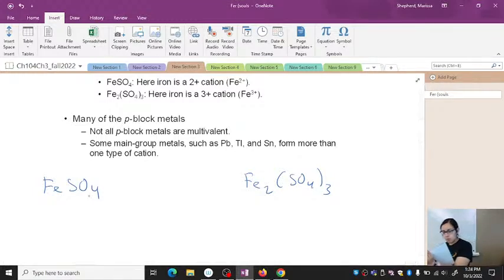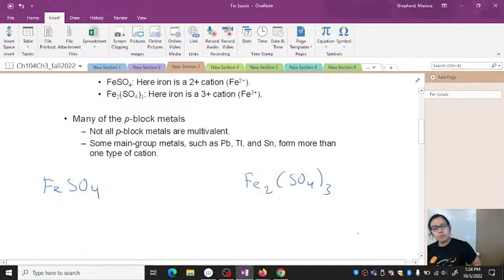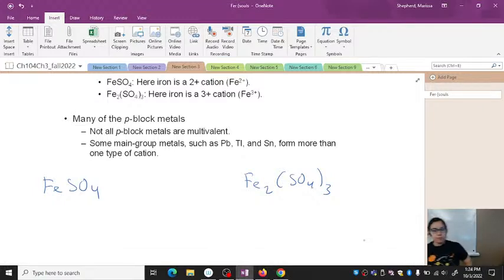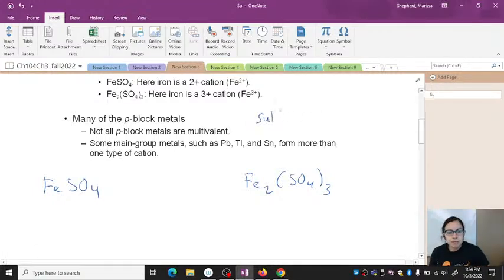Since we're dealing with a polyatomic, go ahead and try to find your polyatomic. Where's sulfate on there? And what charge does sulfate have? 2-. It's down here at the bottom, if you didn't locate it. So sulfate is SO4 2-.